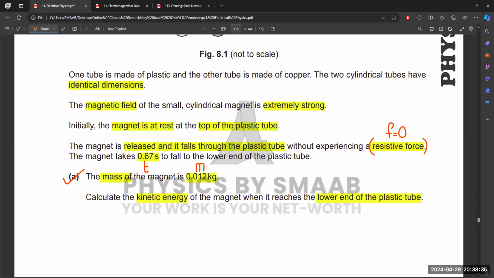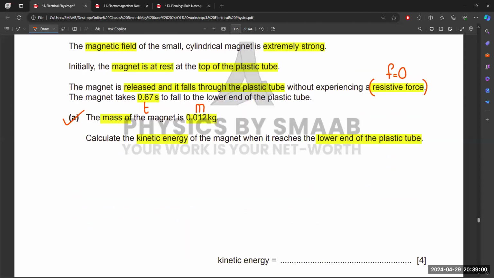It means the body moves in the downward direction with acceleration due to gravity. Because when there is no resistive force, consider free fall motion. In free fall motion, there is air resistance, but if there is no air resistance, all bodies fall with acceleration due to gravity, that is equal to 9.81 in the new paper pattern.